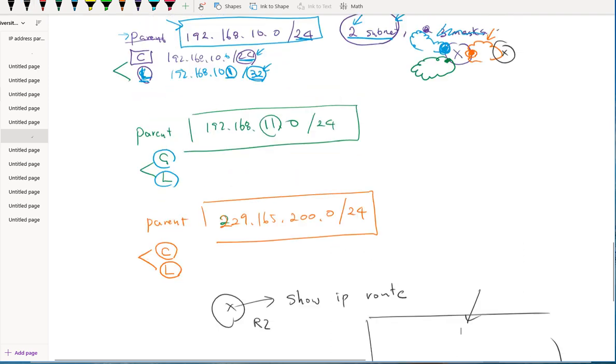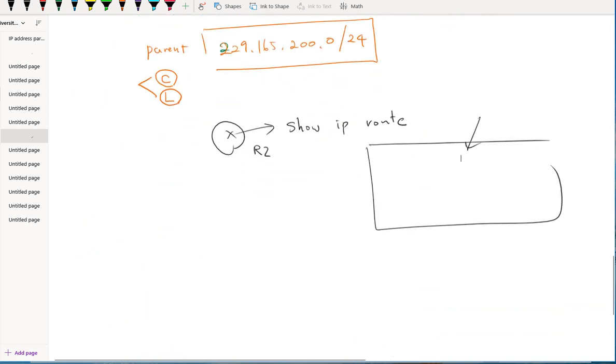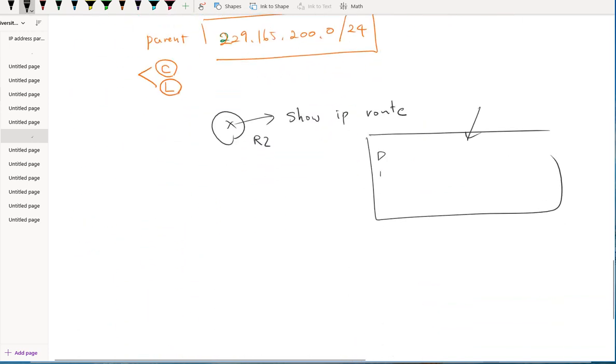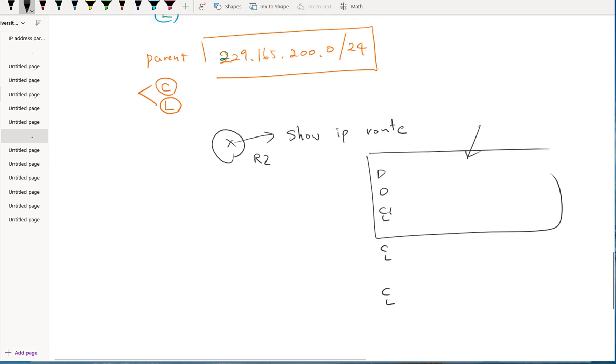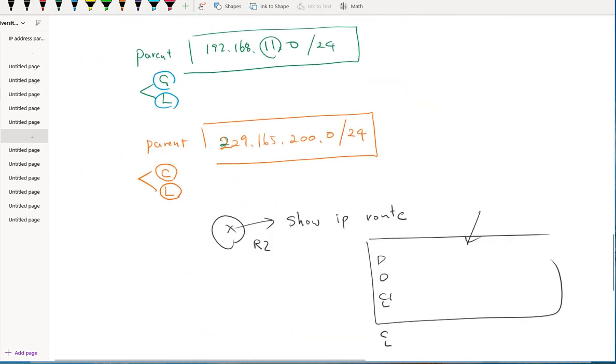It's very likely going to be very similar: D, C, L, C, L, and so on, which is going to be pretty much a dual. So work on this and make this table using Microsoft Word.